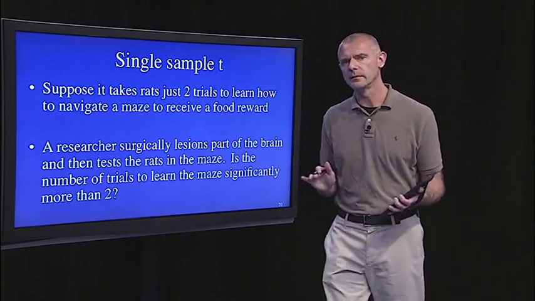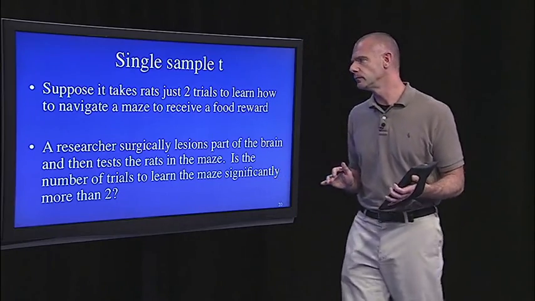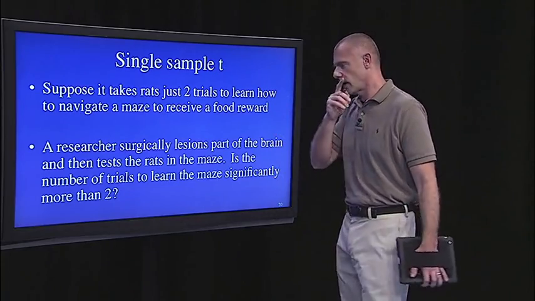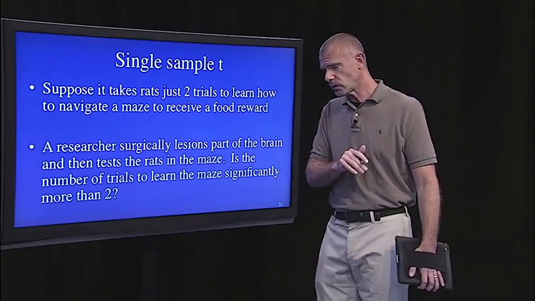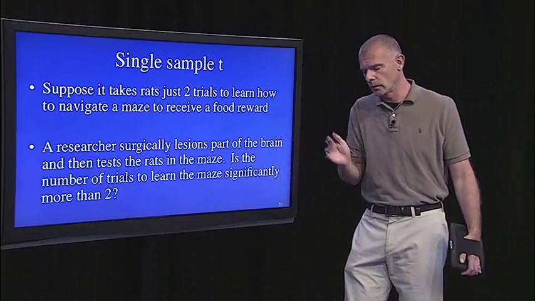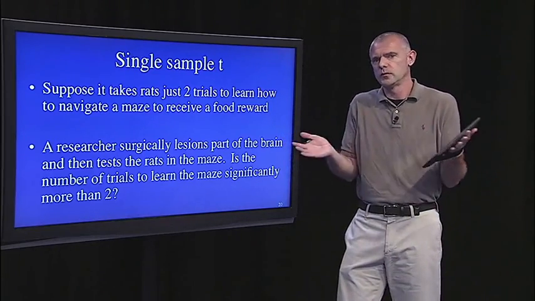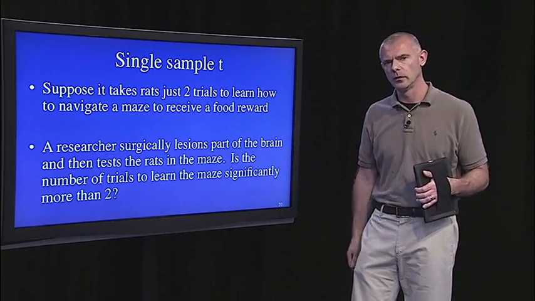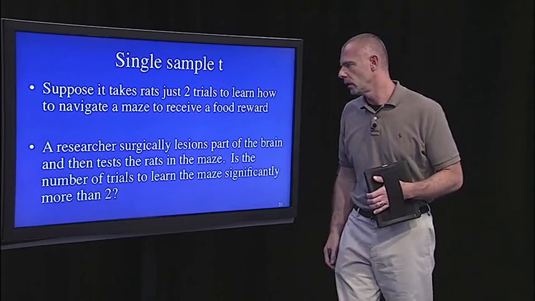So really easy example, just to wrap up this segment. Suppose it takes rats just 2 trials to learn how to navigate a maze to receive a food reward. Suppose we know this. It's a really simple maze. They learn it after just doing it twice.